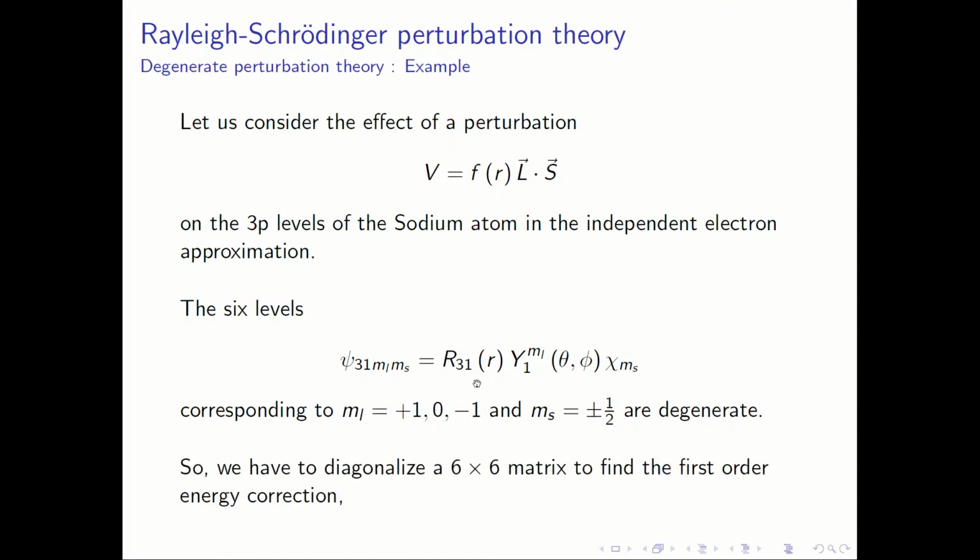So, these are 6 degenerate levels, and from the general theory of degenerate perturbation theory, we know that in order to find out the energy corrections to first order, we have to diagonalize a 6 by 6 matrix. Which 6 by 6 matrix is this?